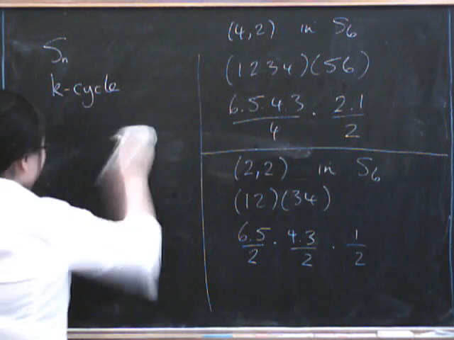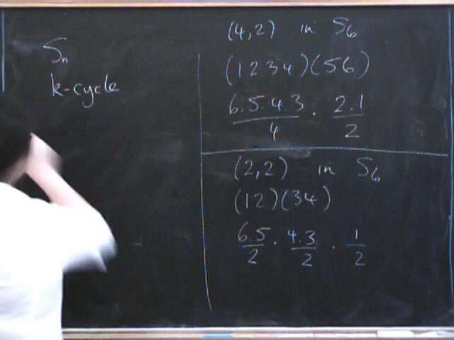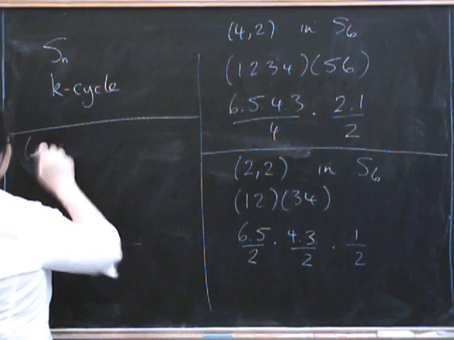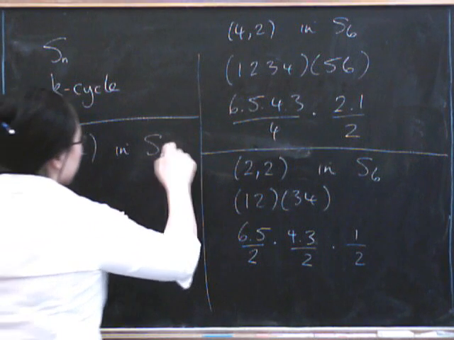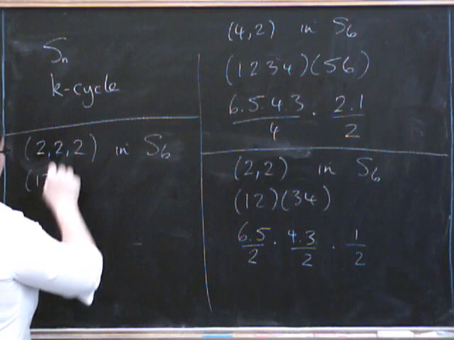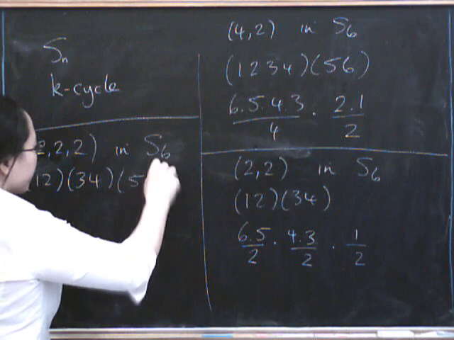And what's even more complicated is if you have 3 cycles of the same length. So for example, if you did 2, 2, 2 in S6, then, for example, that's something of type (1 2)(3 4)(5 6).